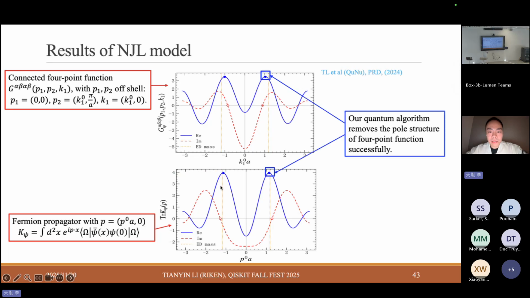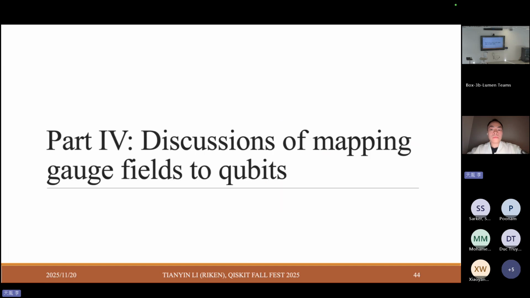So this means that we can remove the singularity of the external leg of the 4-point function by multiplying the inverse of the propagator. This is very important for calculating the scattering amplitude by using the LSZ reduction formula.